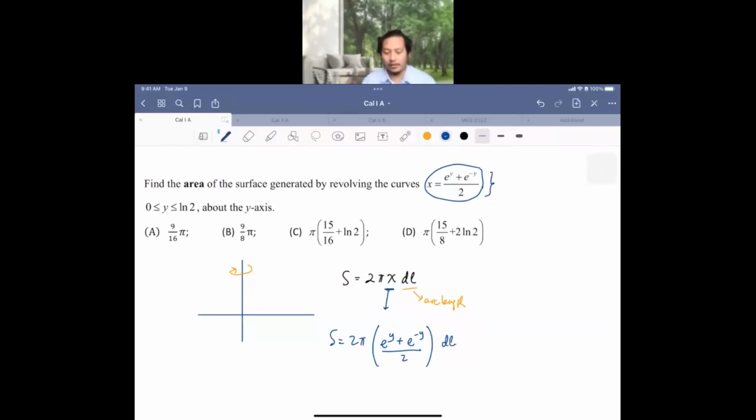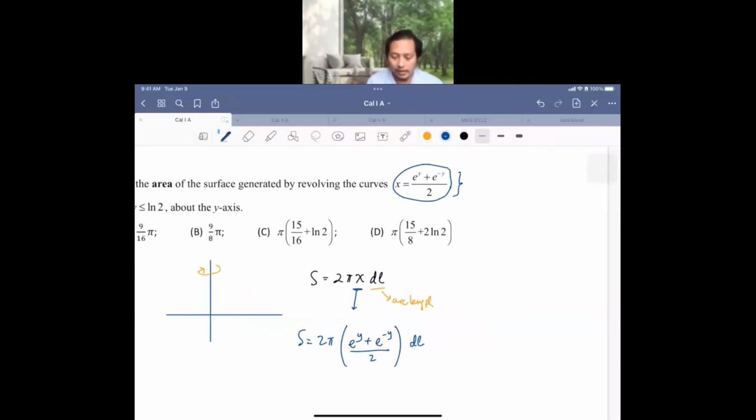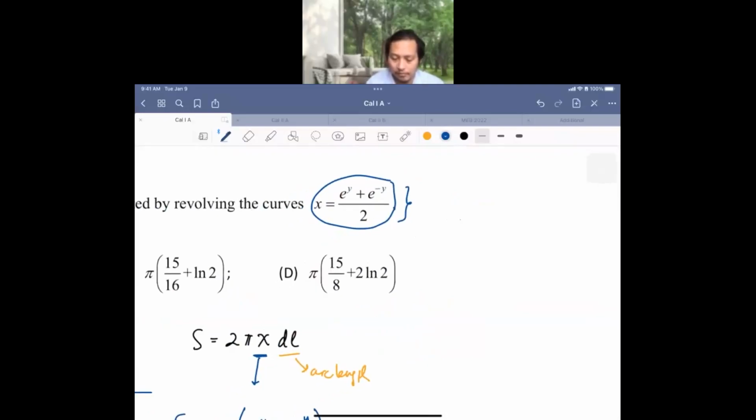Now the problem is the arc length. So we take the arc length using dx over dy, right? We find the first derivative of this. The derivative is half, and then e^y is just e^y, but e^negative y becomes negative e^negative y, right?